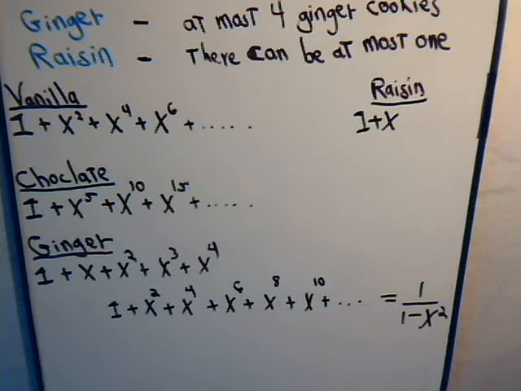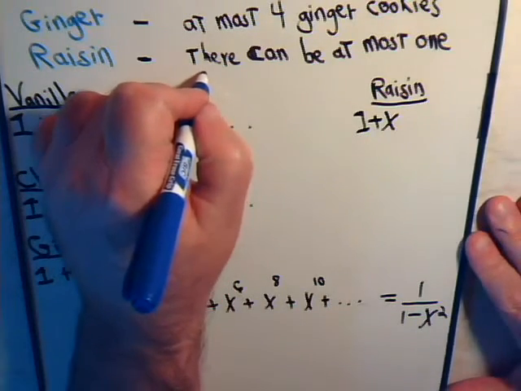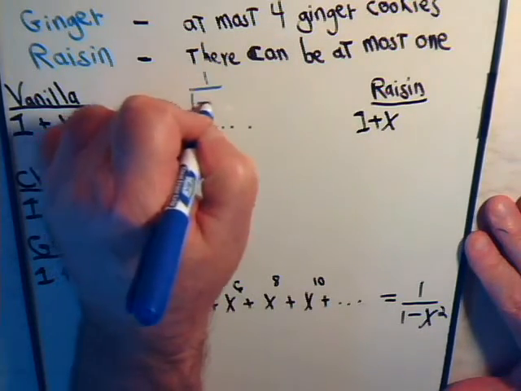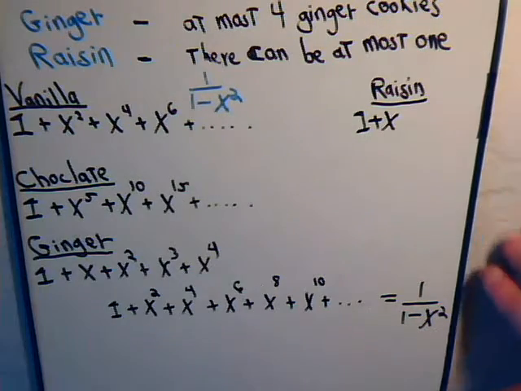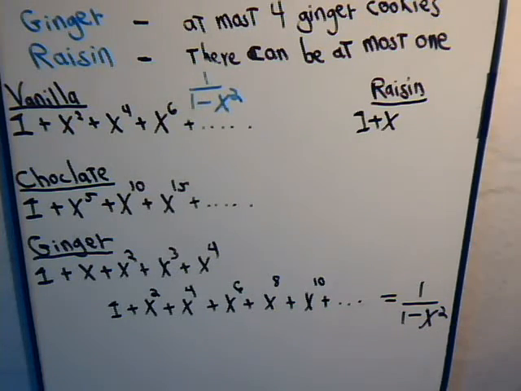So for the vanilla cookies, that generating function we can write like this: one over 1 minus x squared.